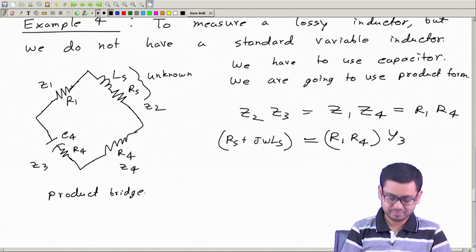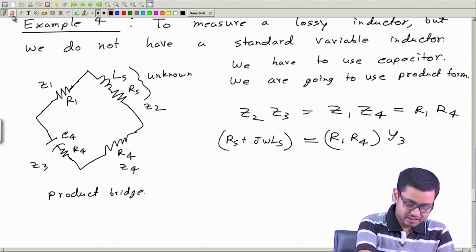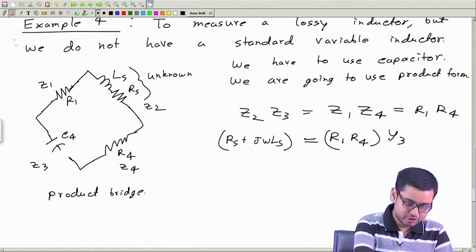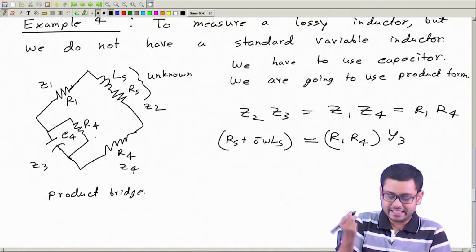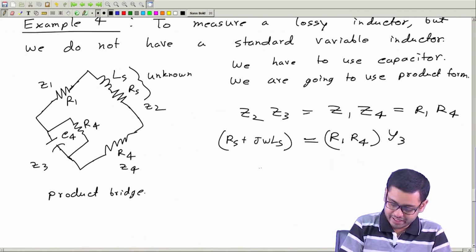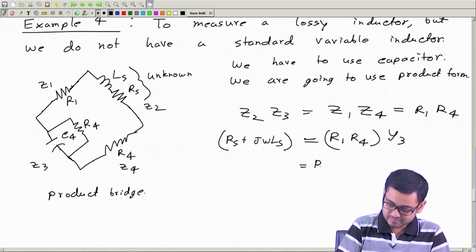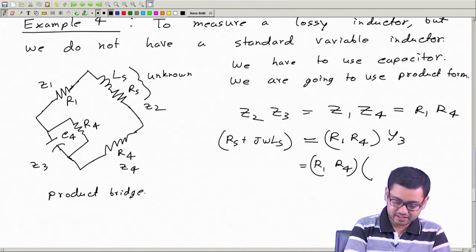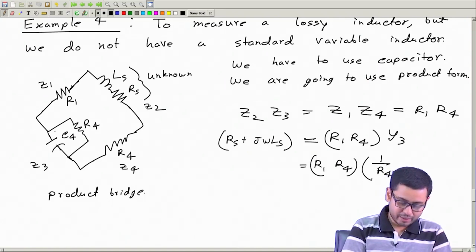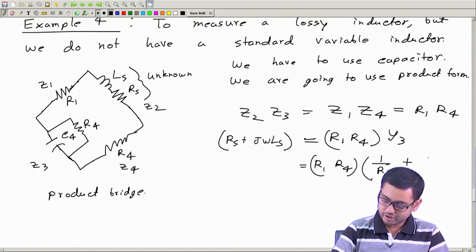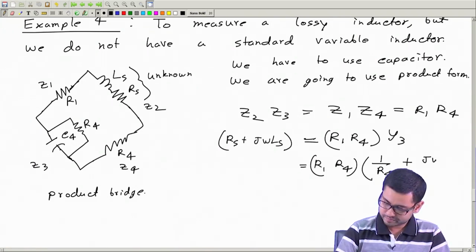I mean, we can find it, it is not impossible, but it will take 3-4 lines. But if I instead put these two in parallel, then I can write the admittance quite easily. Then this Y3 is same as this admittance 1 over R4 plus this admittance, which is J omega C4.